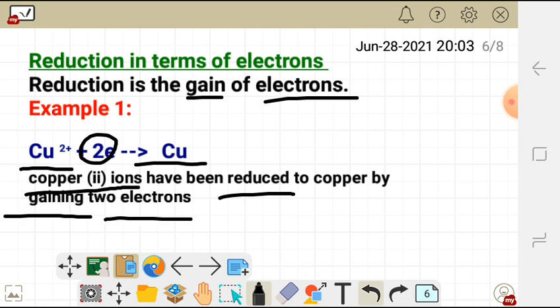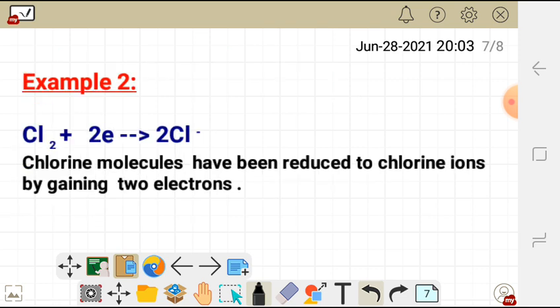Since in our definition we said reduction is the gain of electrons, here copper has gained 2 electrons to form copper atoms. Therefore we can say it has been reduced to copper by gaining 2 electrons.